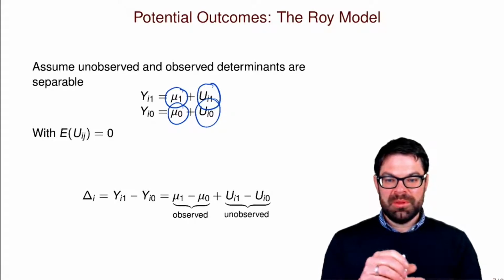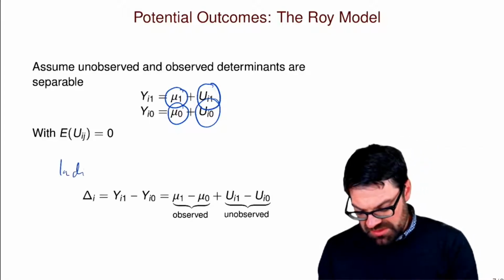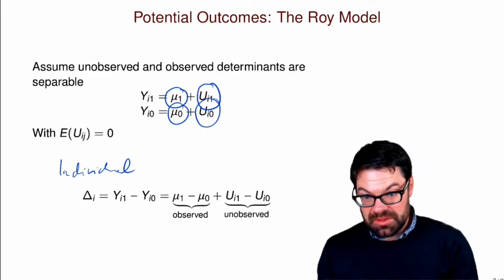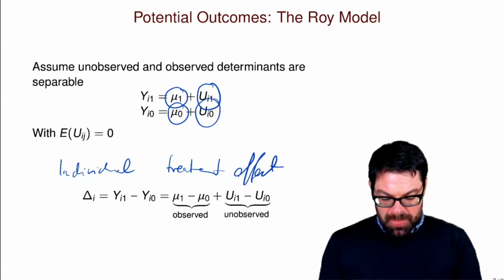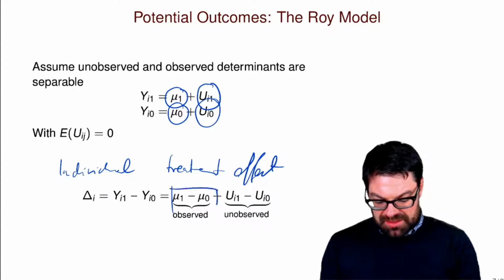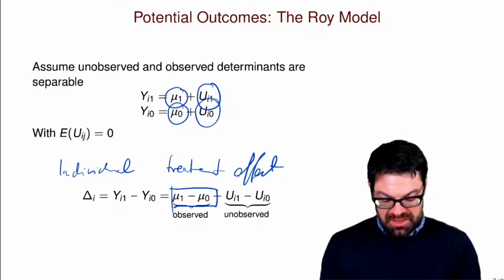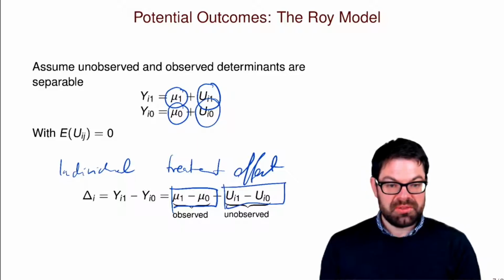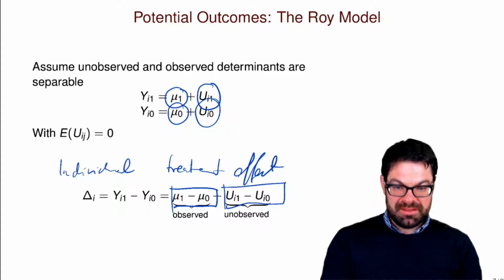And so when we then think about the individual treatment effects, which is what we see here, so that's the individual treatment effect, that treatment effect then again has a component that is common to everyone, and an idiosyncratic component that differs by individual.